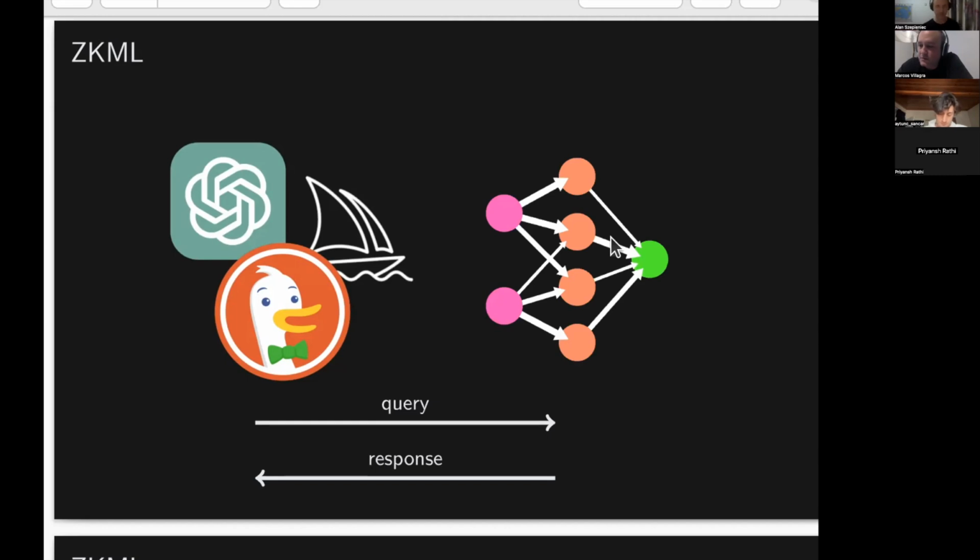And that's great, but sometimes you want to know that the correct algorithm was used, or that the weights that are giving you this response are the same weights that are used to give other people the response, or you want to be assured that your query was used without modification.